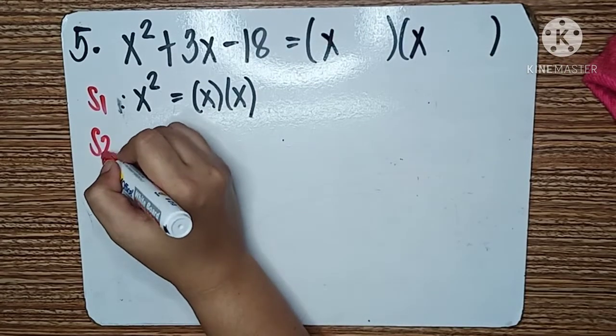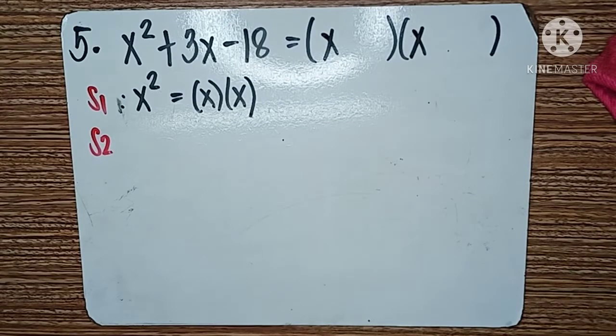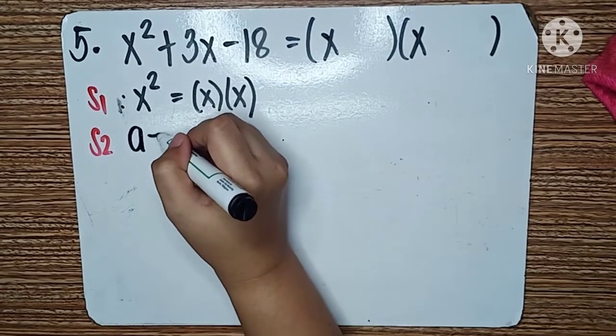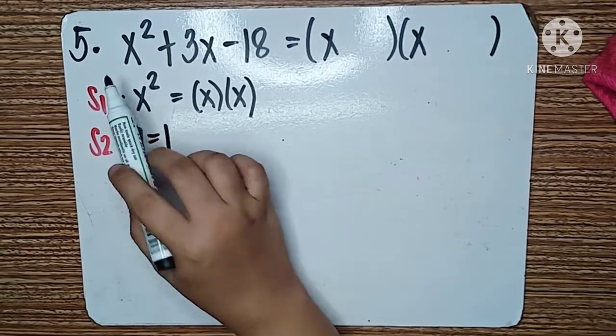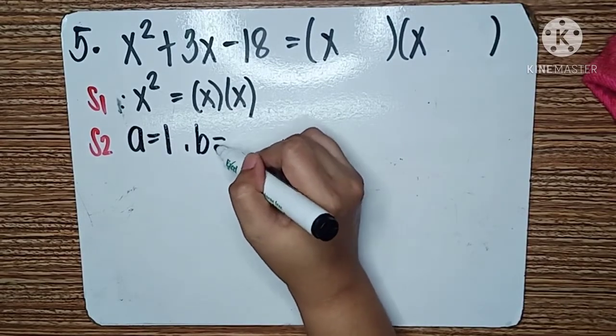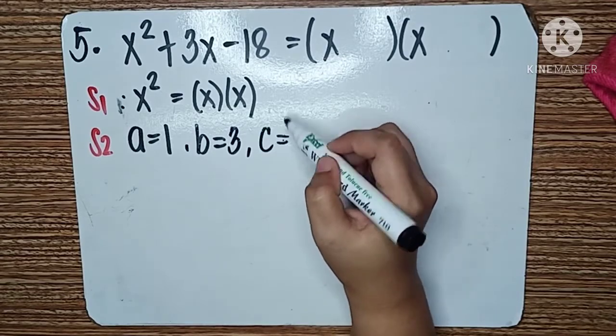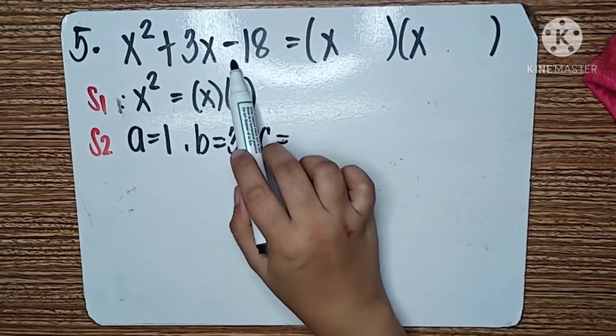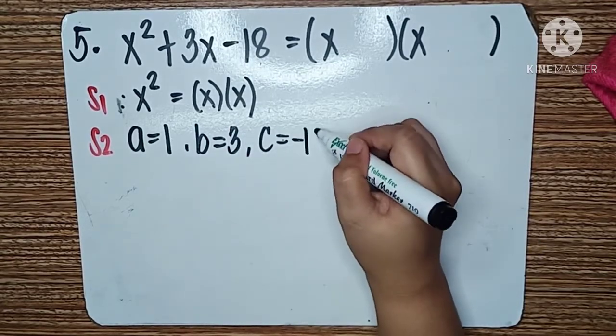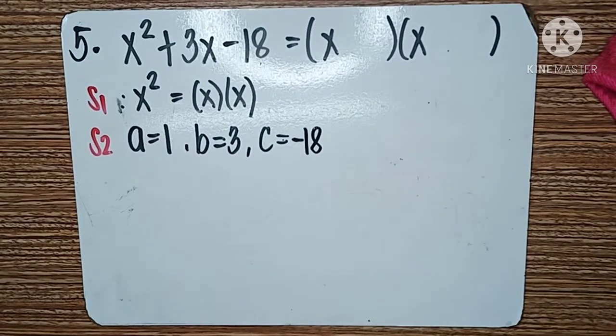Step 2. The value of a is equal to 1. The value of b is equal to positive 3. And the value of c is equal to negative 18. Step 3.